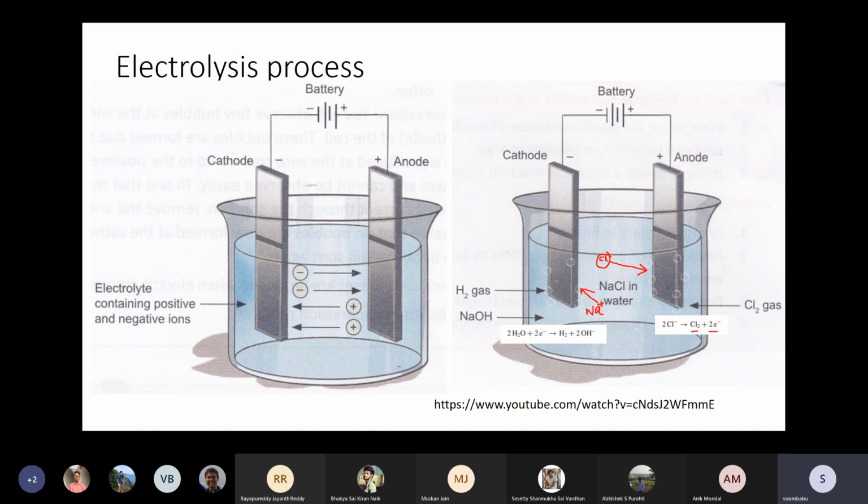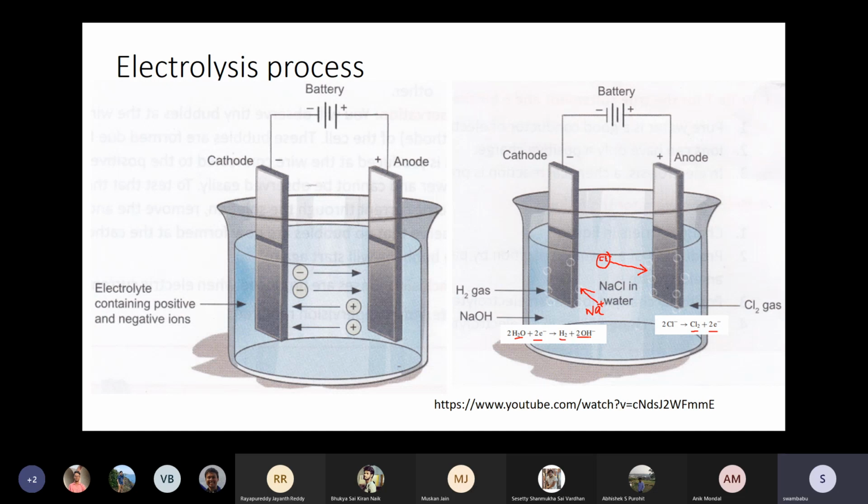So whatever electrons come to the cathode, a reduction reaction happens. Water combines with these two electrons and breaks down to hydrogen gas and OH minus ions.